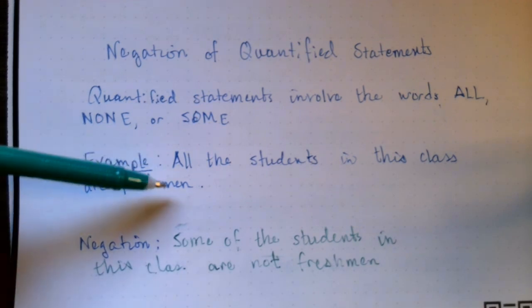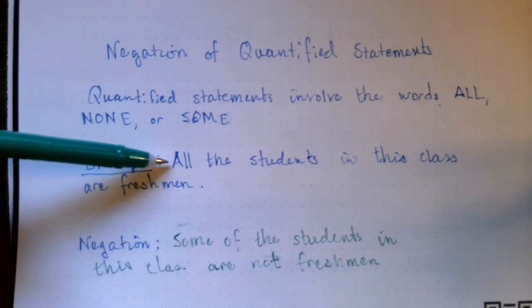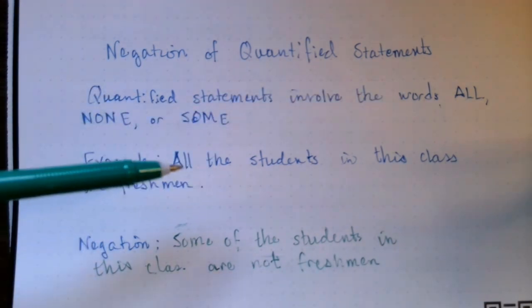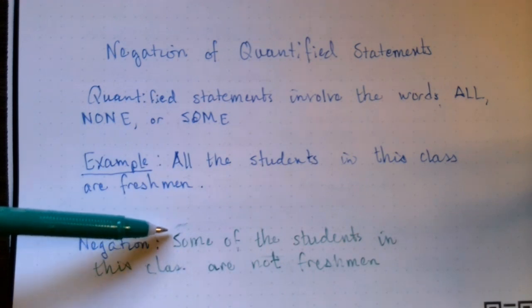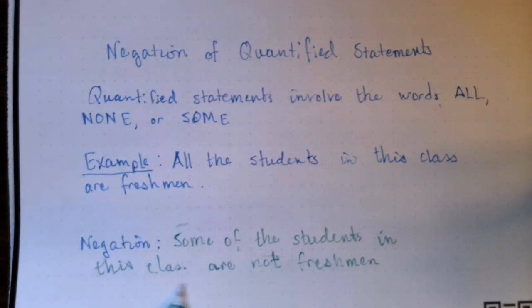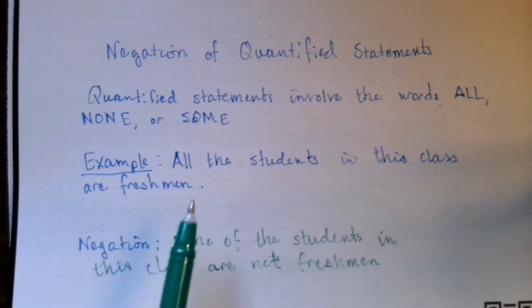Right, so whenever you have a quantified statement that involves all, and you talk about the negation, I know it's tempting to switch all with none, but that's not the way it works. All has to be changed to some when you do a negation. Okay, and notice you also negate the second half over here too. Okay, all students are freshmen. Some students are not freshmen.